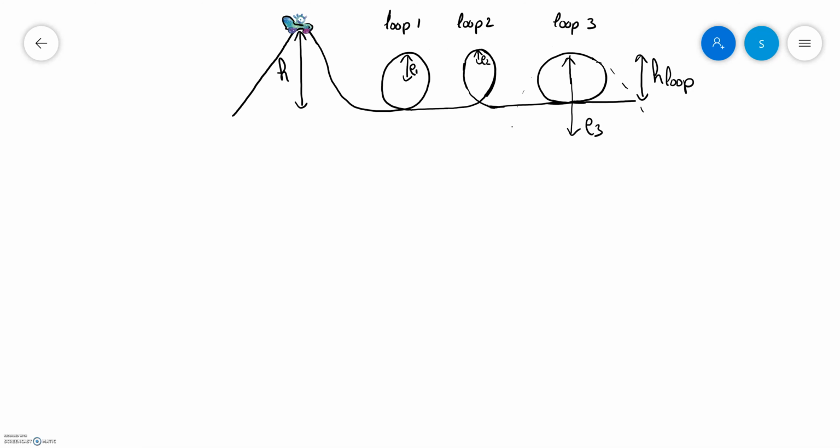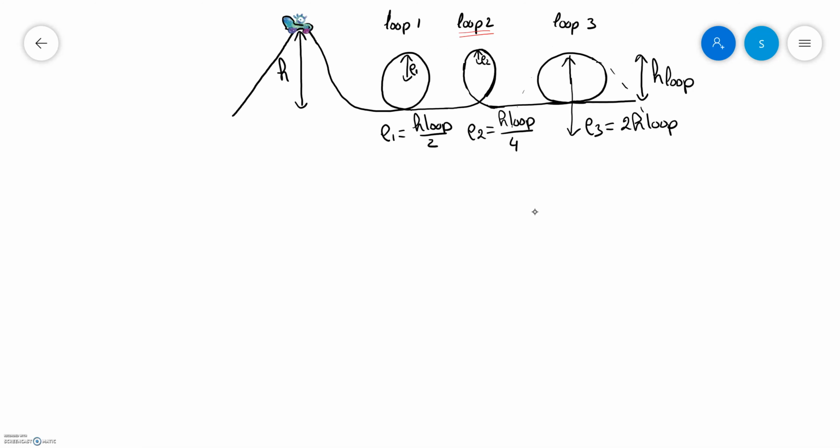Okay, so in my example, rho 1 equals the height of the loop divided by 2, rho 2 is equal to the height of the loop divided by 4, and rho 3 equals 2 times the height of the loop. And if you have seen some roller coasters, you know that the loop that we see the most often is this one, and I will explain why.